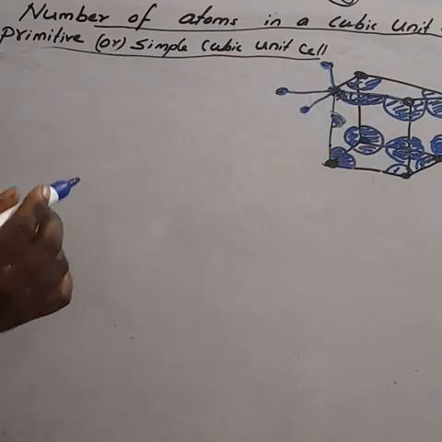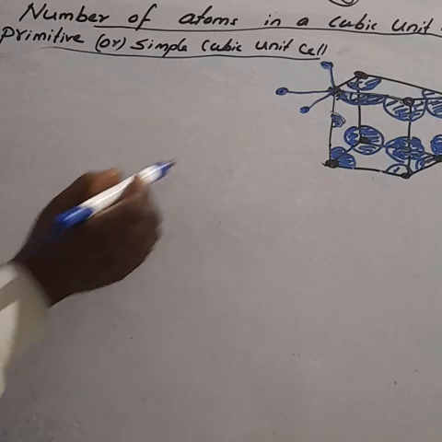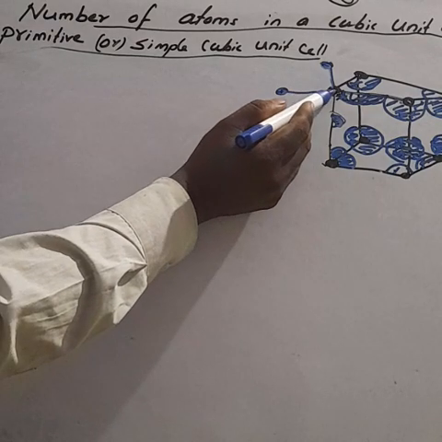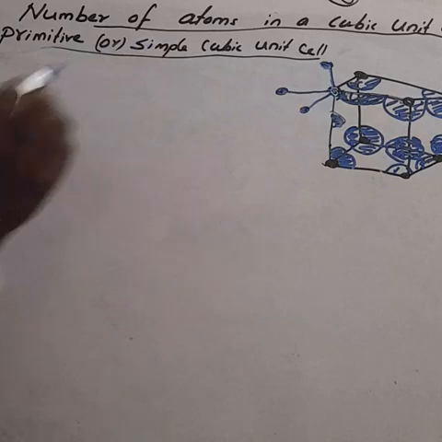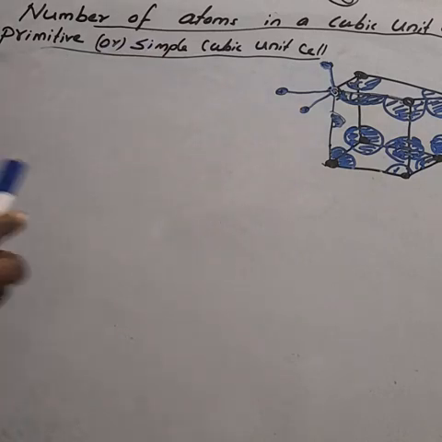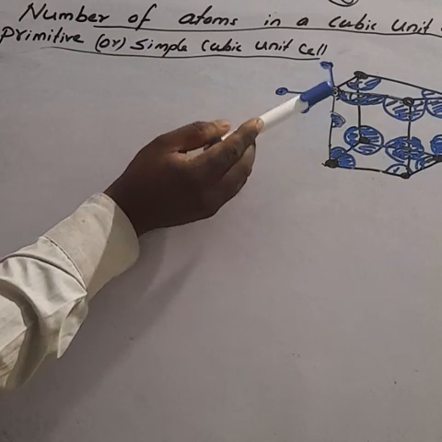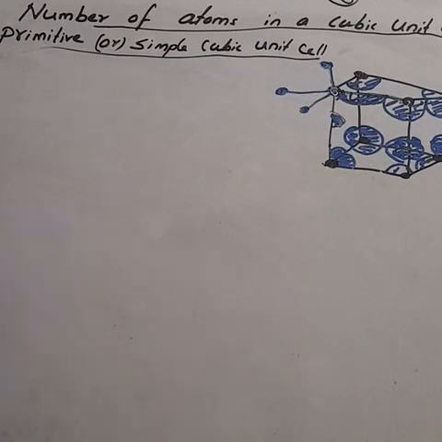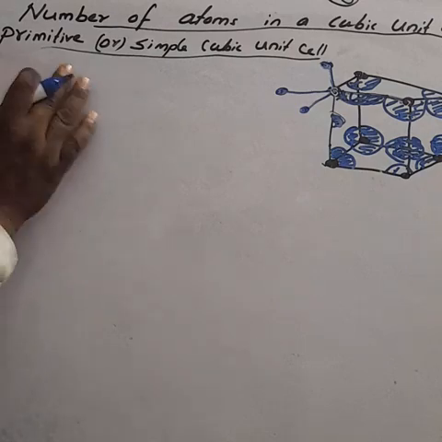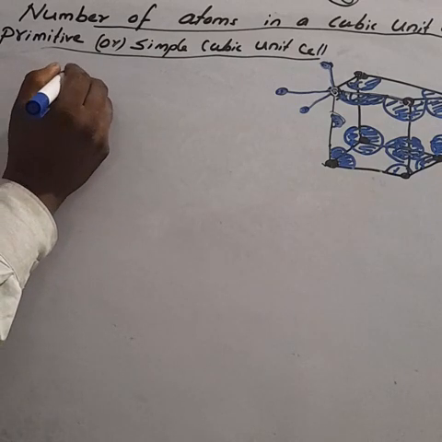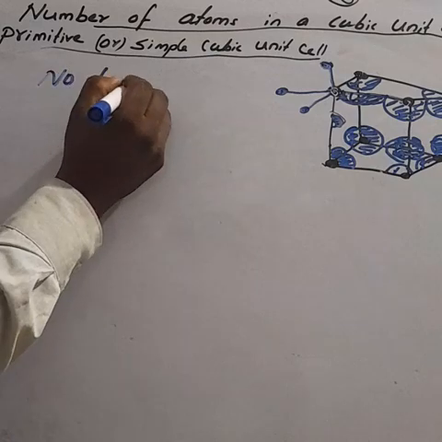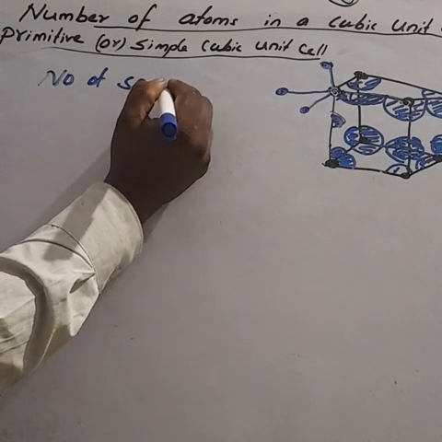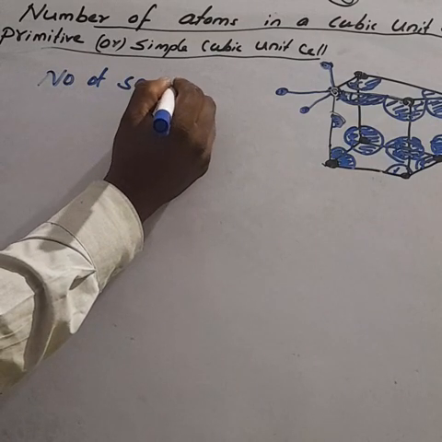That's a one-word question. How many atoms are touching it, or how many atoms are surrounding it? 1, 2, 3, 4, 5, 6. That is the coordination number. Now we can calculate the number of atoms in the SC unit cell, that is, the simple cubic unit cell.